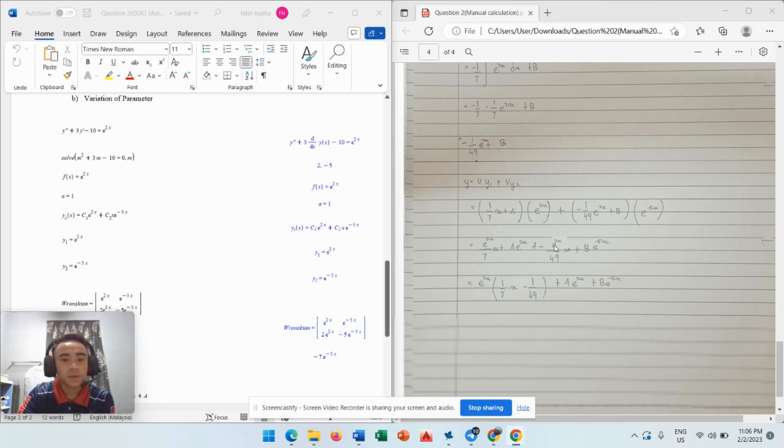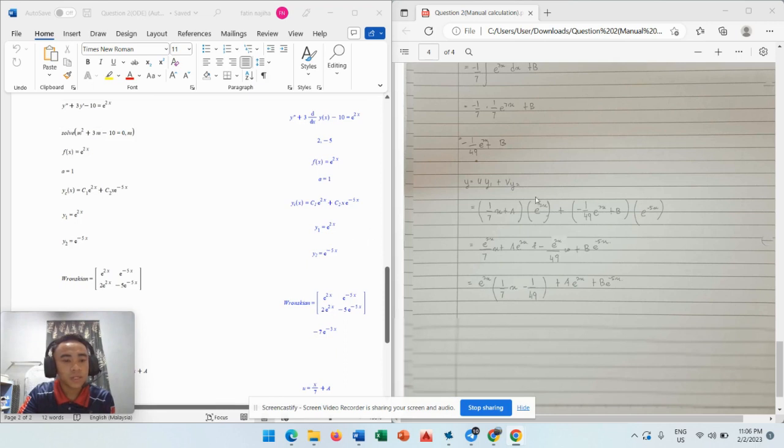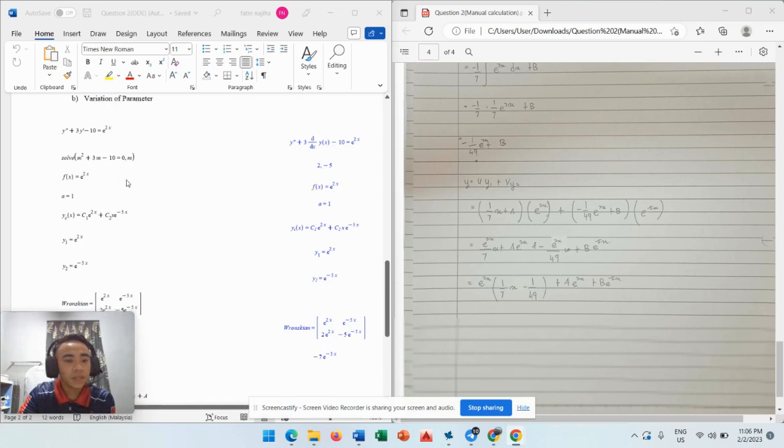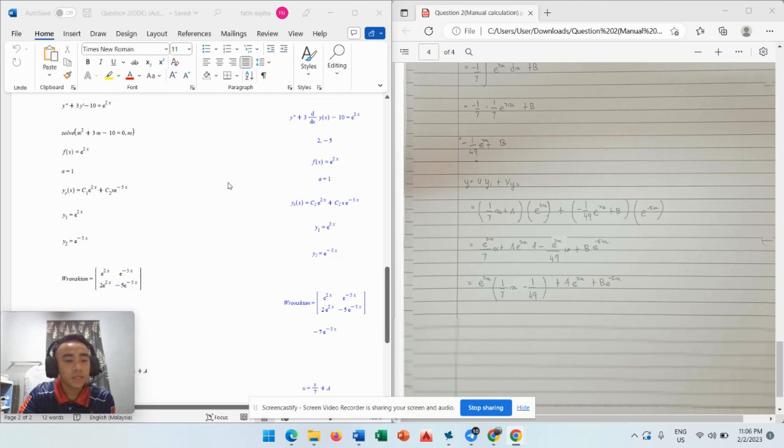Okay, so we go to the simulation for the variation of parameter. It is also the same as the manual calculation. First, we need to define the root of the question.